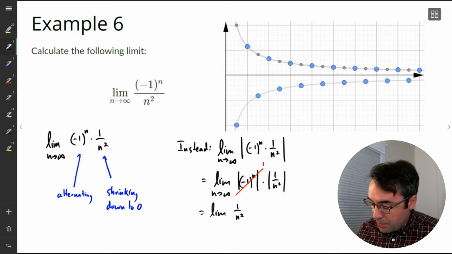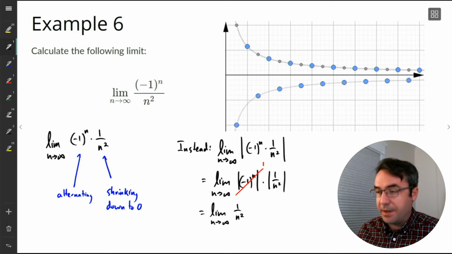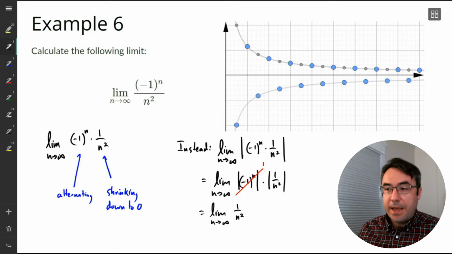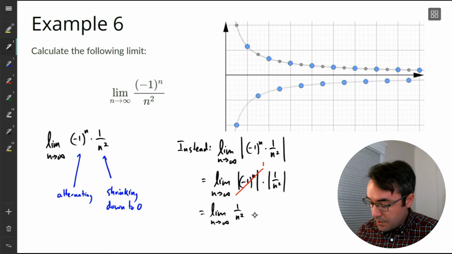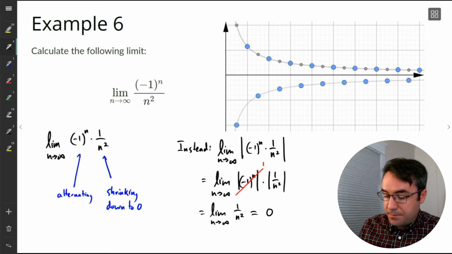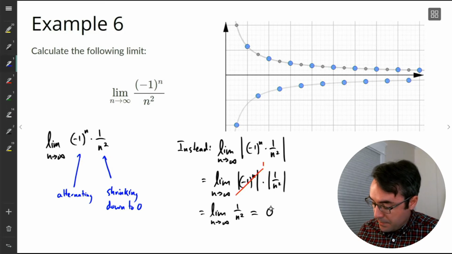So we end up with just 1 over n squared as n goes to infinity. And this is one of our c over infinity forms, so we know this goes to 0. And the justification for that last step is this is a c over infinity form.